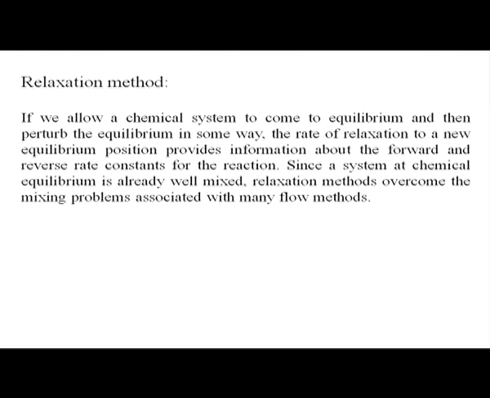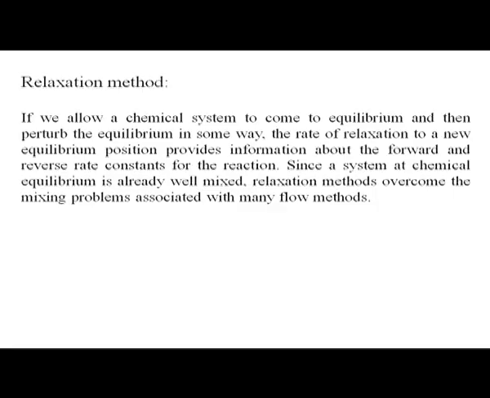There is another method which is called the relaxation method. For studying fast reactions, we allow a chemical system to come to equilibrium and then perturb the equilibrium in some way. Maybe you do a rapid temperature change, maybe you rapidly apply pressure, or maybe you change the volume very fast.